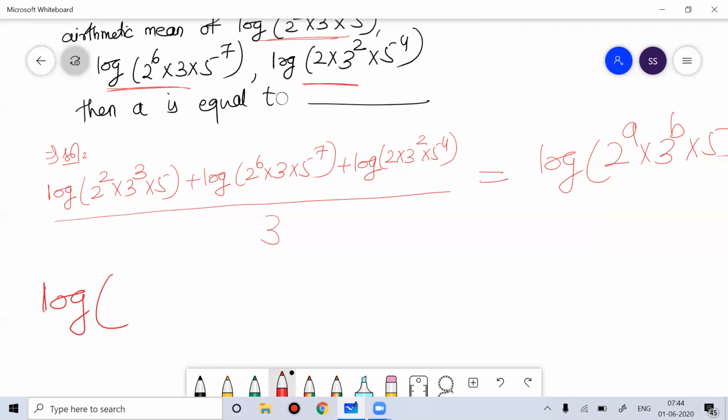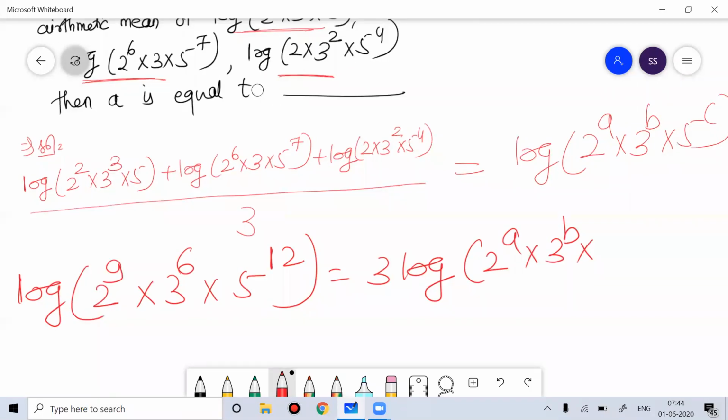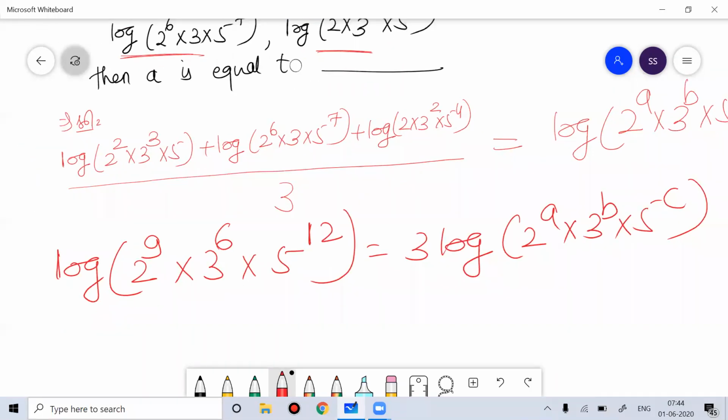So log of 2 to the power 9 into 3 to the power 6 into 5 to the power 12 equal to 3 times log of 2 to the power a into 3 to the power b into 5 to the power c.